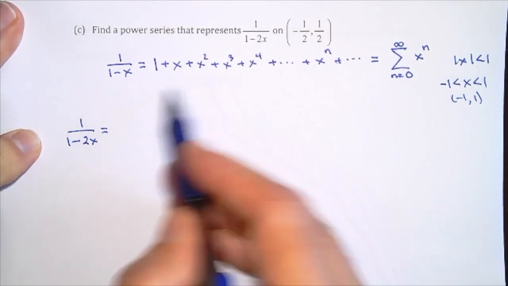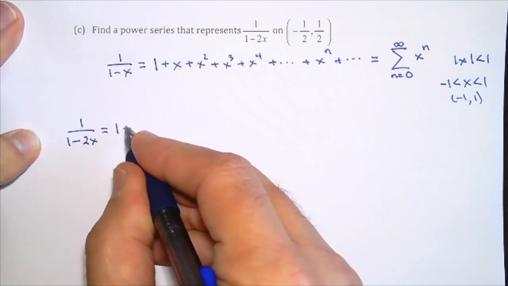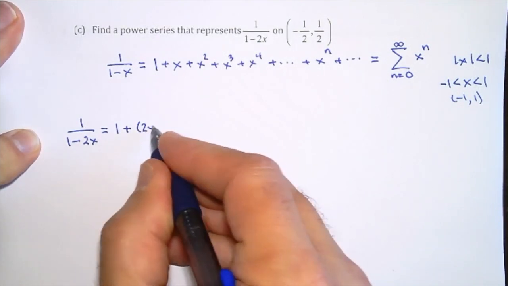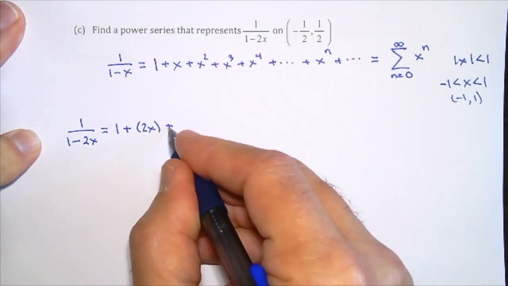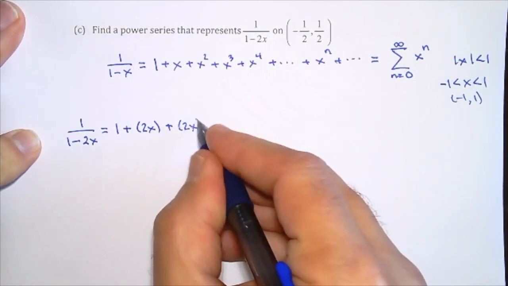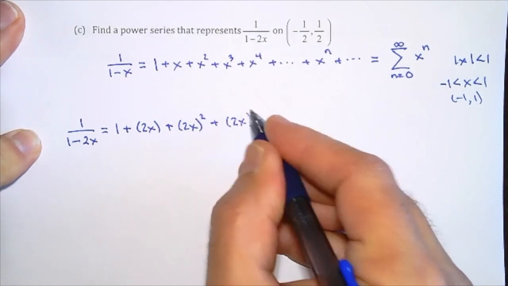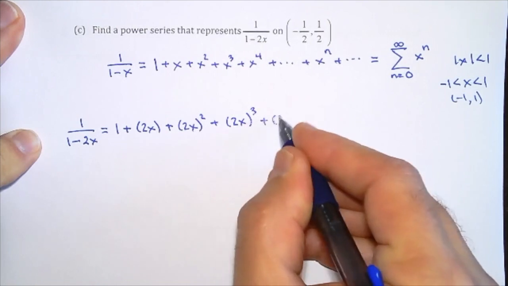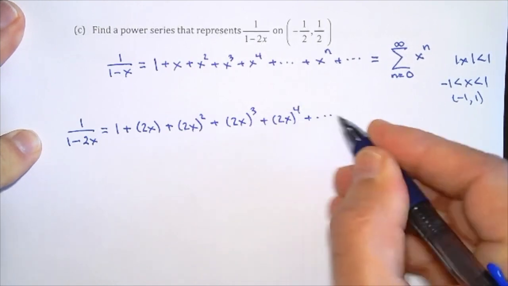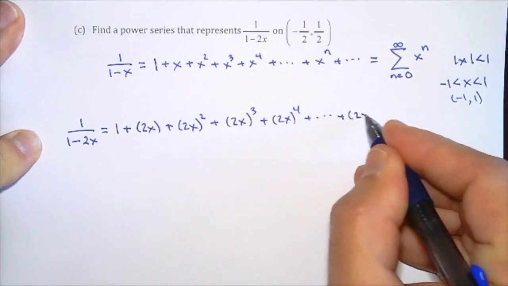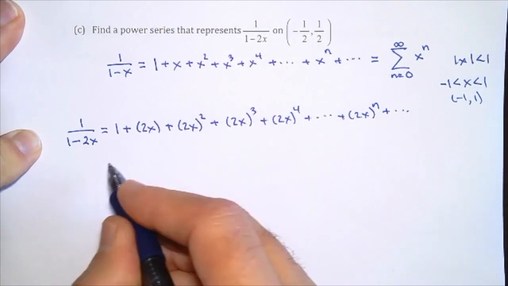So it's just replacing all of these x's with the 2x in essence. So this would be 1 plus, and I'm just using parentheses, you wouldn't have to, 2x plus 2x squared plus 2x cubed plus 2x to the fourth plus dot dot dot plus 2x raised to the n plus dot dot dot.